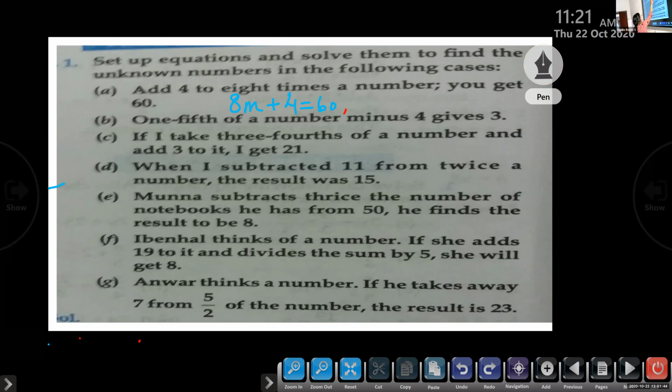So 8m will be 60 minus 4. 8m is equal to how much? 56. So what will be m? M is equal to 56 divided by 8. M is equal to 7 you will get.